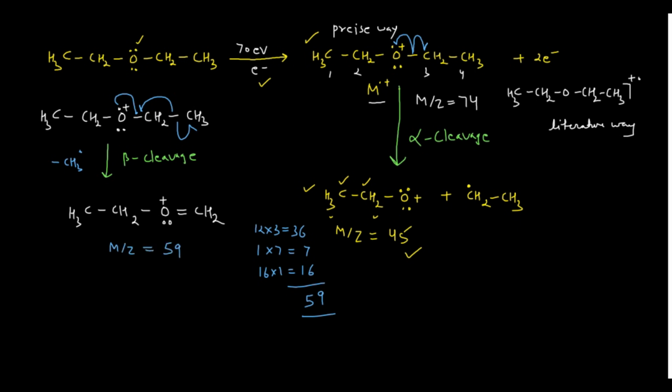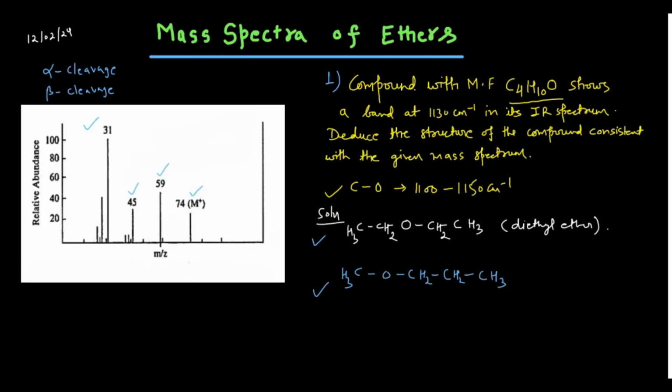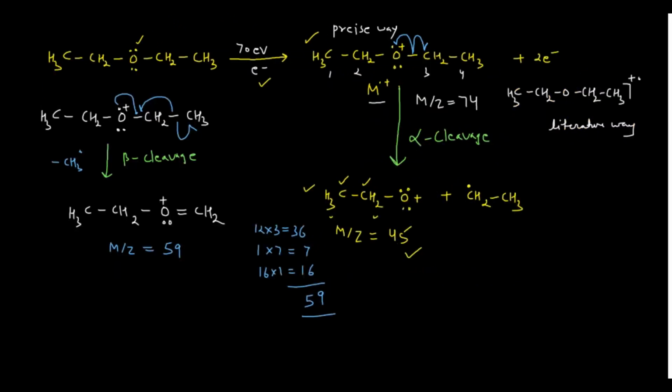Let's check whether this particular ion is present in the spectrum or not. If I go back, then I clearly find this m/z 59 value, okay, and further you can verify this ion is basically resonance stabilized, right? If it is resonance stabilized, then you can easily draw the resonance structure of this one.